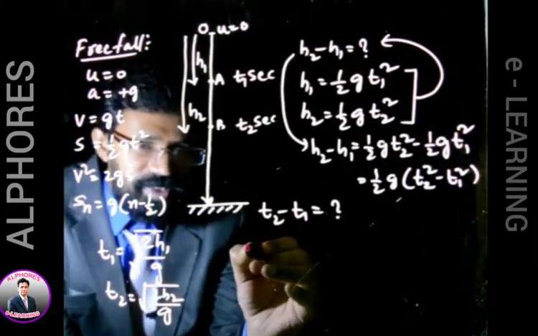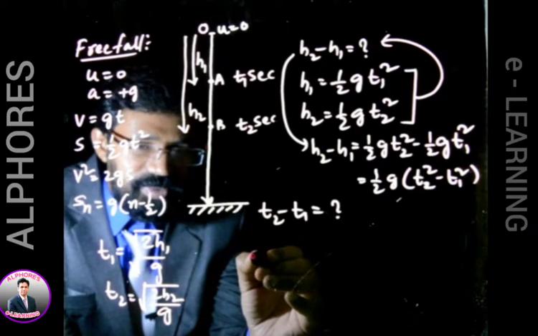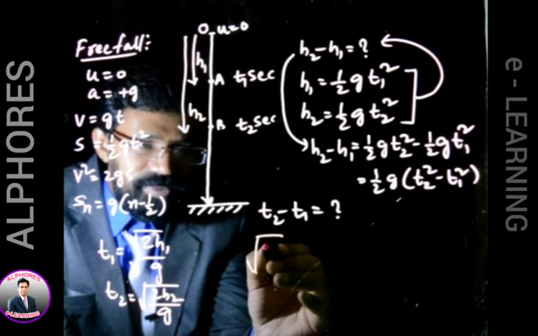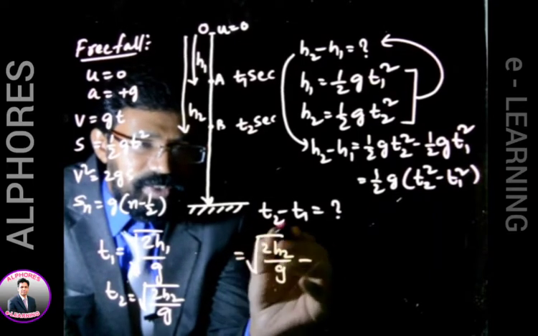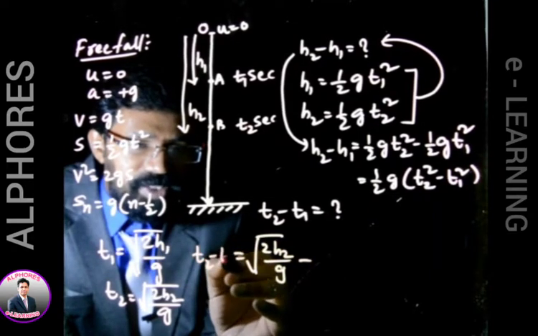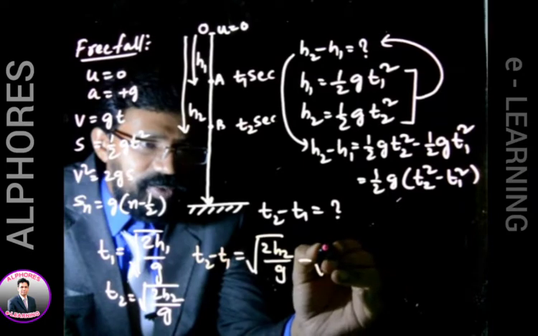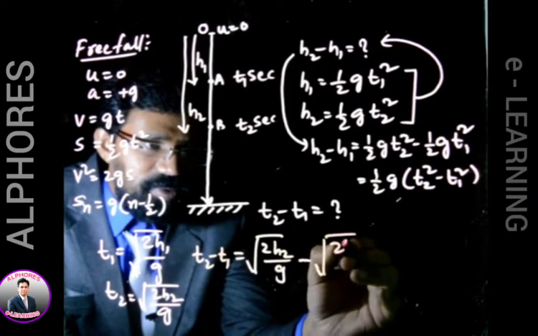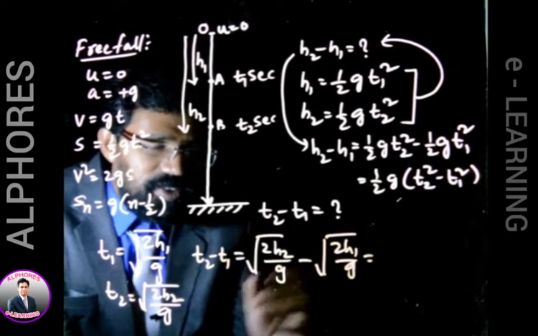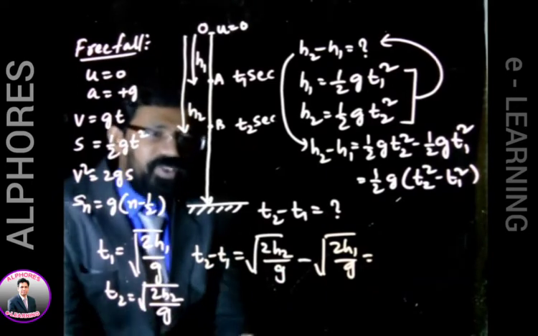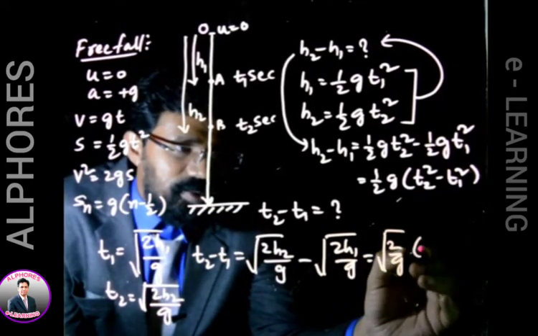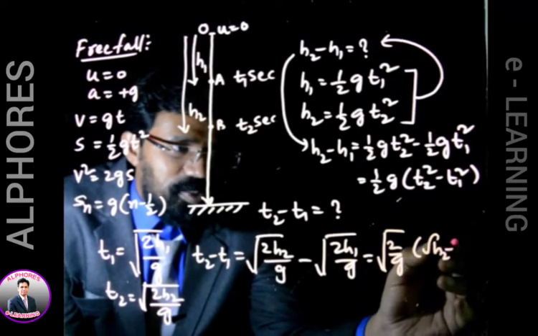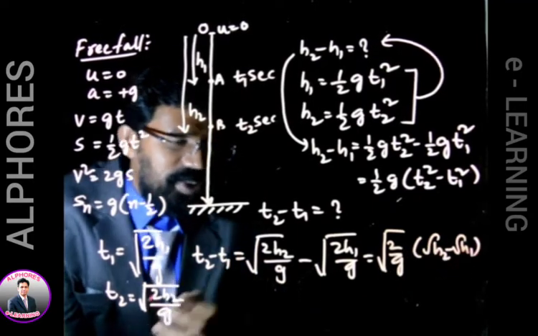So time gap T2 minus T1 is equal to under root 2h2 by g minus under root 2h1 by g, isn't it? You can leave it like that, or you can also write it as under root 2 by g into under root h2 minus under root h1.